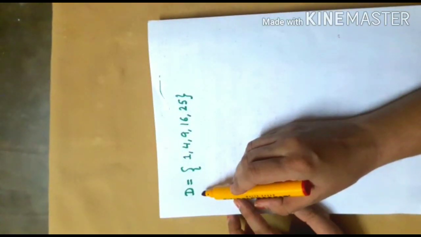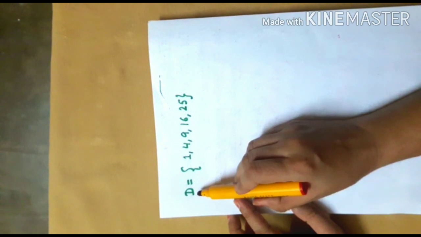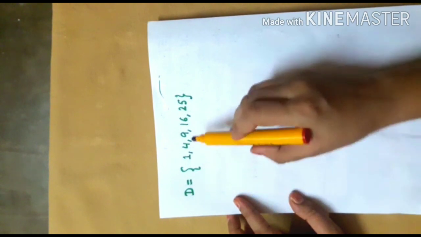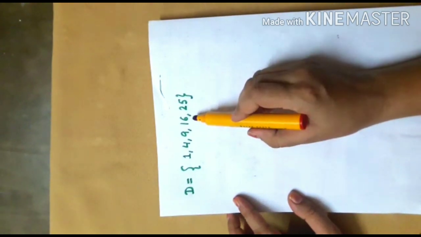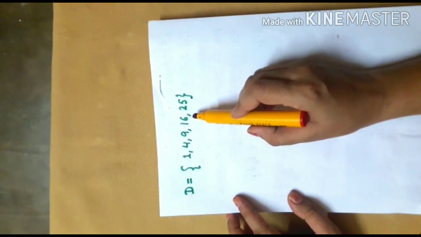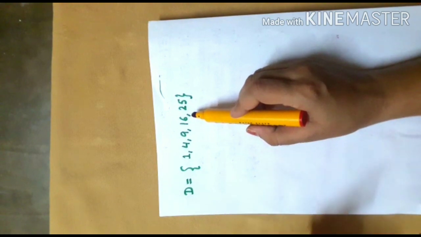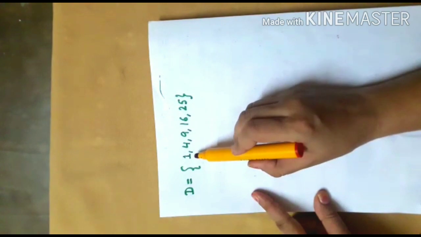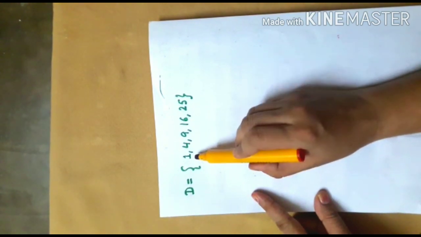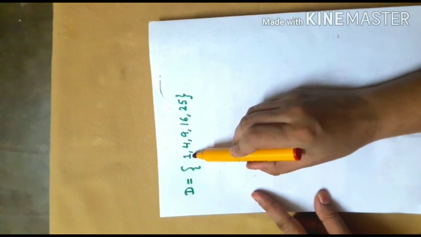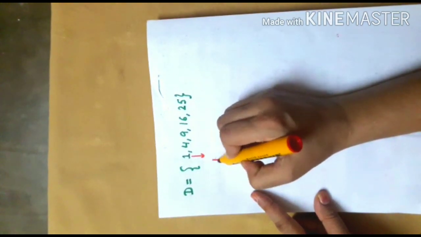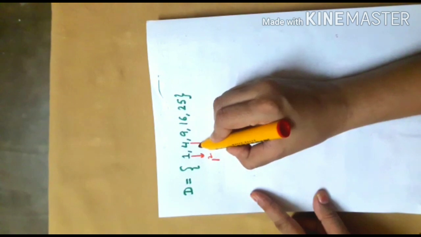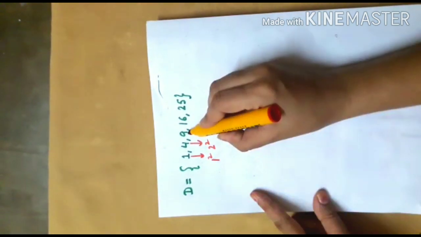Let's take another example. Set D consisting of elements 1, 4, 9, 16, 25. I have to write this set using set builder form. So first I have to identify the common property. And here in this case, you can see that these are the squares of the natural numbers. This 1 is square of 1. This is square of 2.